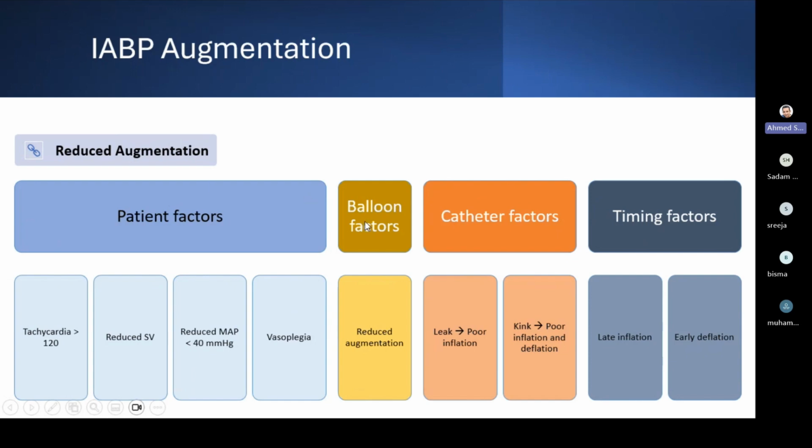And the balloon factor, like if the augmentation percentage has been reduced, it will reduce the intra-aortic balloon augmentation. And the catheter factor, like if the catheter is leaking, this will lead to poor balloon inflation and reduced augmentation. Or if the catheter is kinked, this will lead to poor inflation and poor deflation, and consequently reduced augmentation of the intra-aortic balloon.